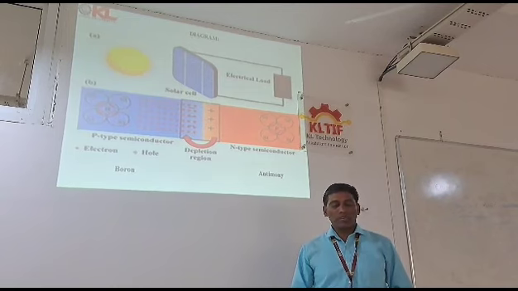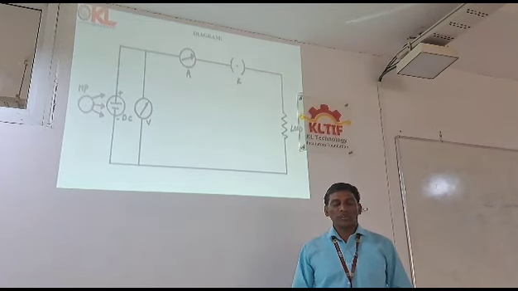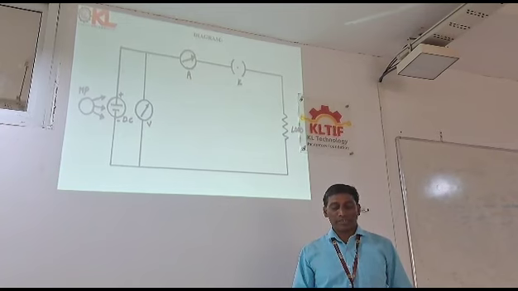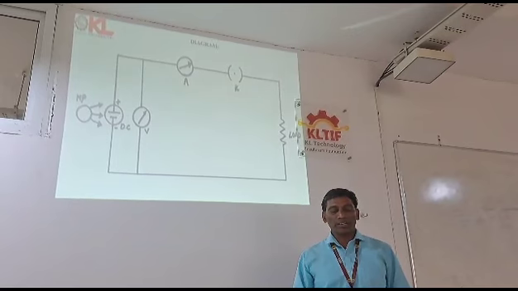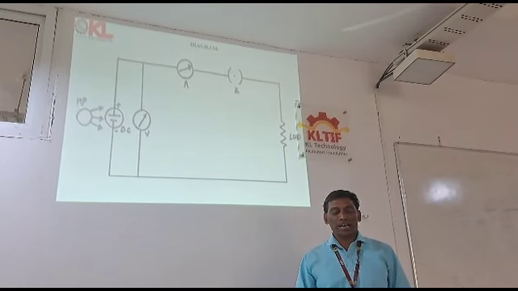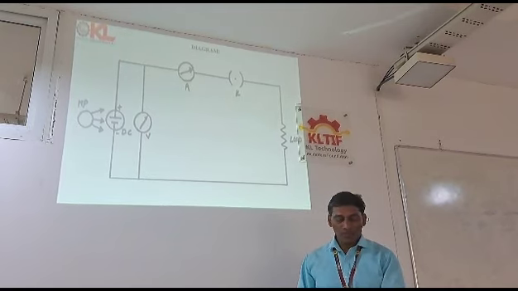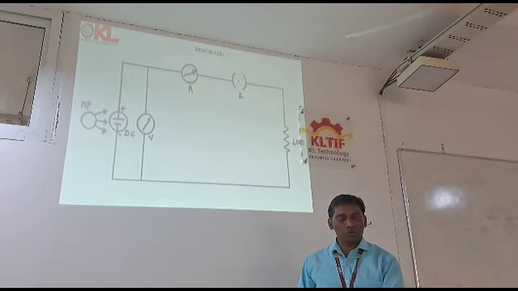Electrons from the emitter diffuse instantaneously into the base, and the holes from the base diffuse into the emitter. This is due to the fact that the emitter contains a very high concentration of electrons compared to the base, whereas the base is rich in holes.